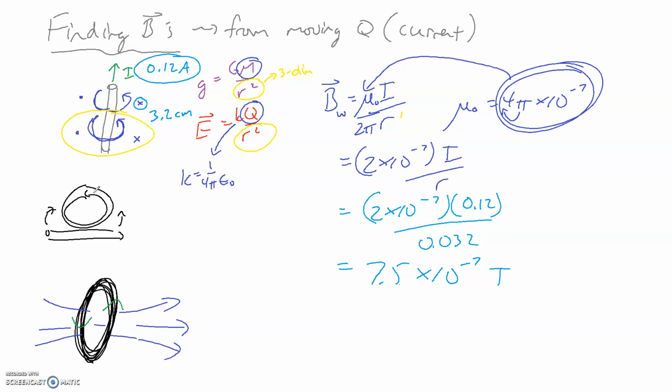Therefore, you literally mathematically just modify the expression. And we're not going to go through the full derivation. But to calculate the magnetic field from a loop of wire, and I like to put a little L down there for loop, it's mu naught I over 2r. And that's how you calculate the magnetic field for a loop.